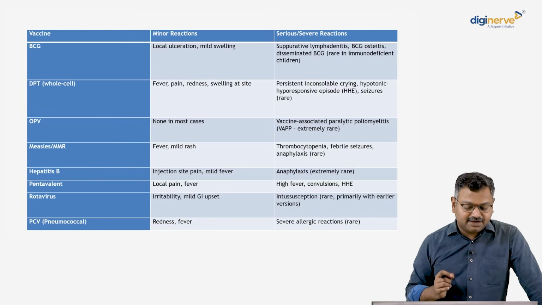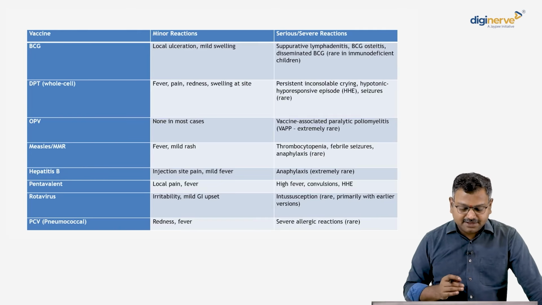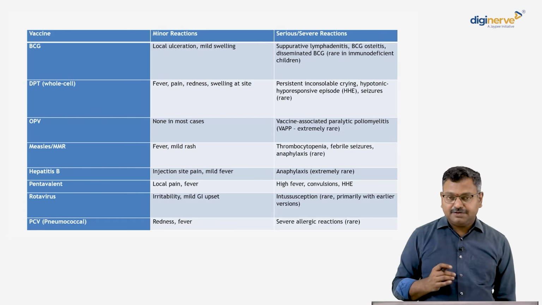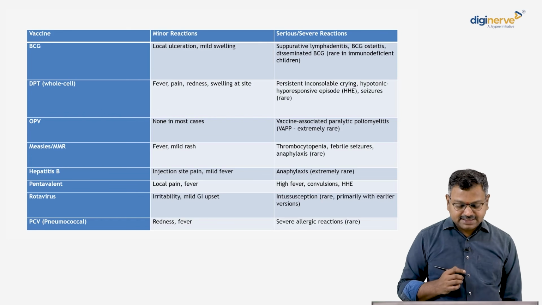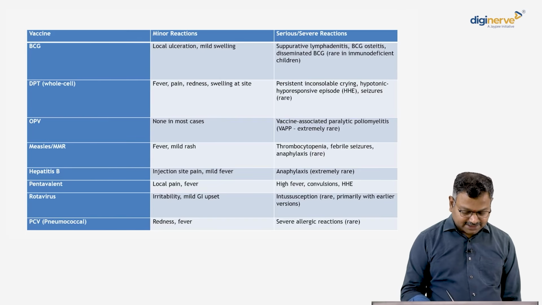Measles MMR, fever, rash, thrombocytopenia, rarely anaphylaxis. Hepatitis B, mild fever, sometimes anaphylaxis. Pentavalent, you can get local fever, febrile convulsions. Rotavirus, GI side effects, rarely intussusception. Pneumococcal produces redness, fever, and rarely allergic reactions.